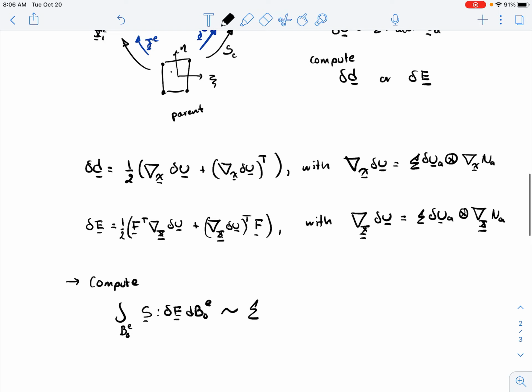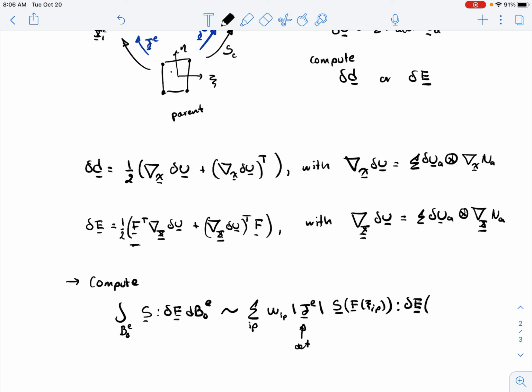This will be the sum over the integration points of the weight of the integration point times the determinant of the Jacobian of the isoparametric map, times S evaluated at the corresponding F at the integration point, double contracted with delta E.